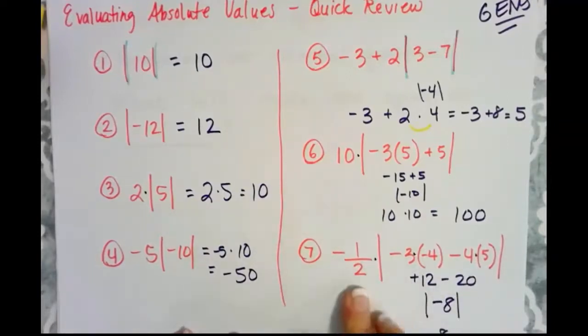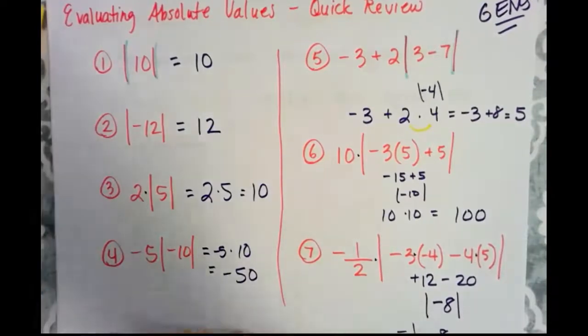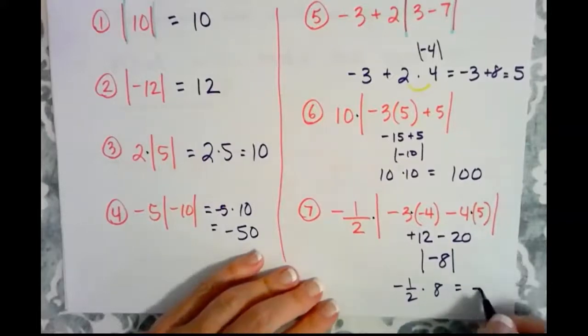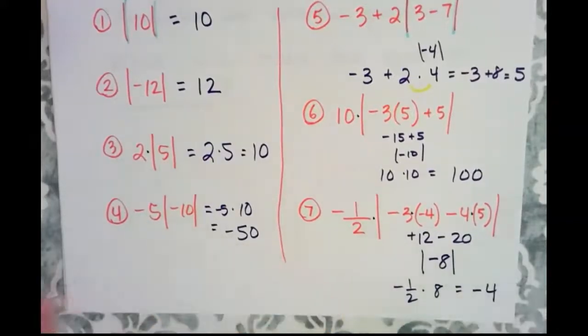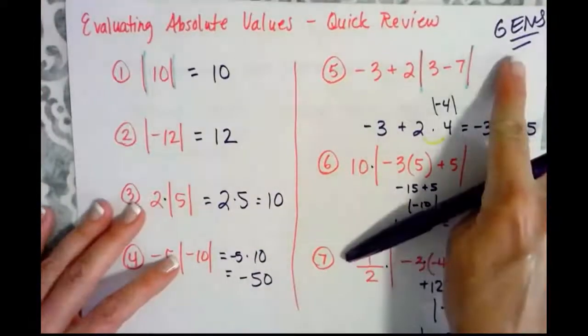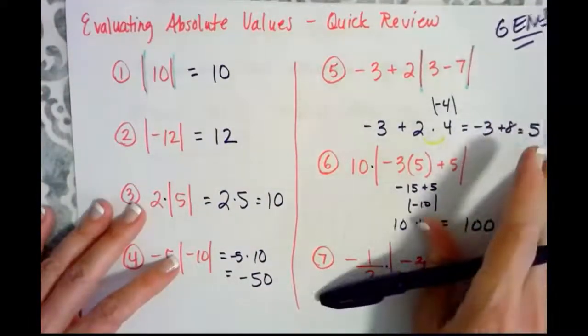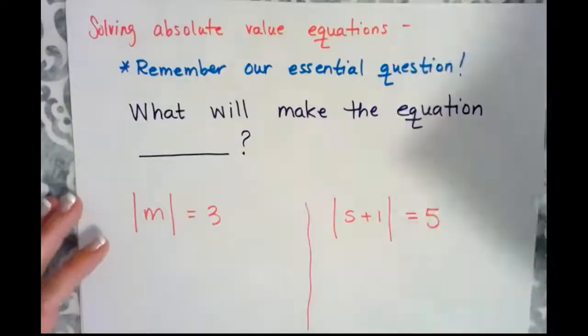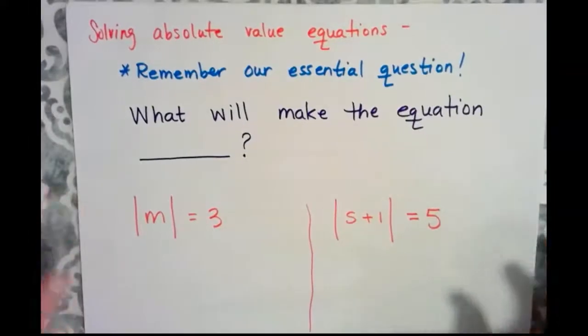We will now multiply by -1/2, and -1/2 times 8 is -4. So those are quick evaluations. We're always following order of operations. That never ever goes away. It's always in effect.